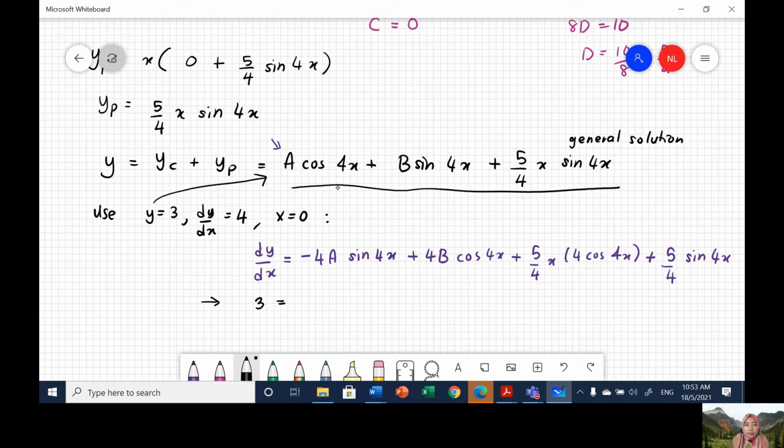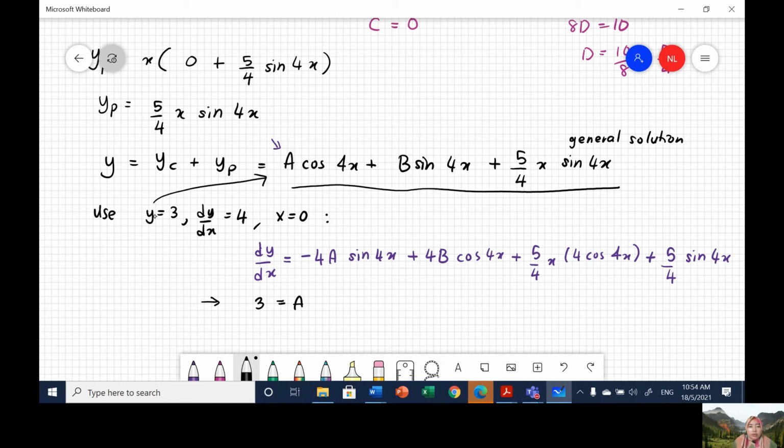Cos 0 is 1, since 4 times 0 is 0. So a times 1 is a. Again, sine 4 times 0, sine 0, will be 0, so b times 0 is 0. Then substitute here, sine 0 also 0, so this part will be 0. So we have a equal to 3. This is the first solution we get for a.